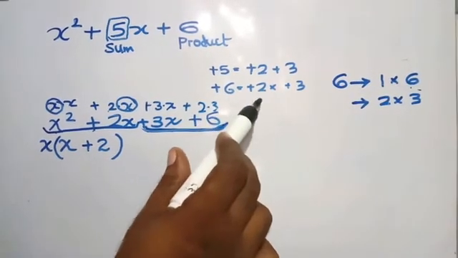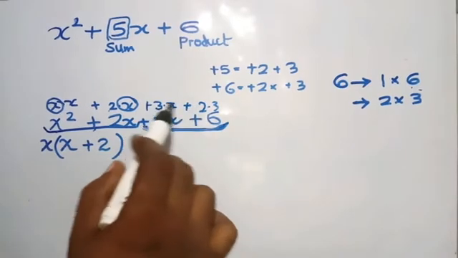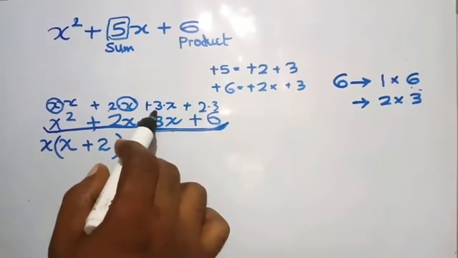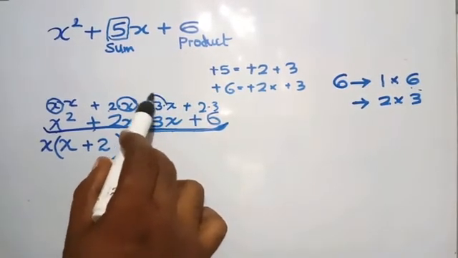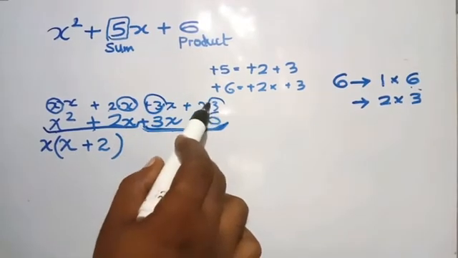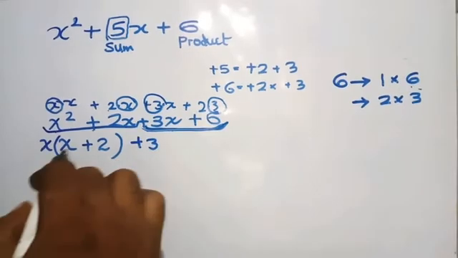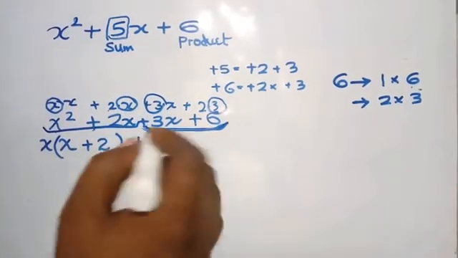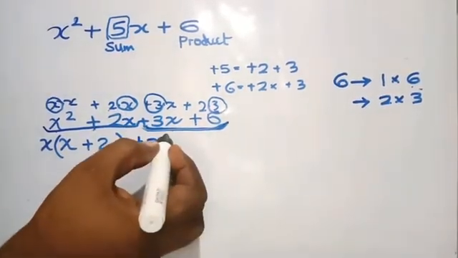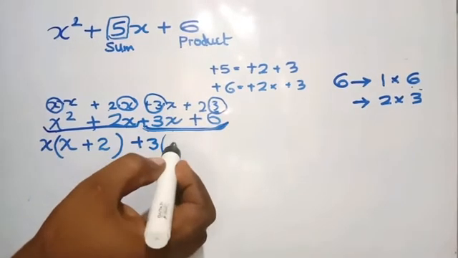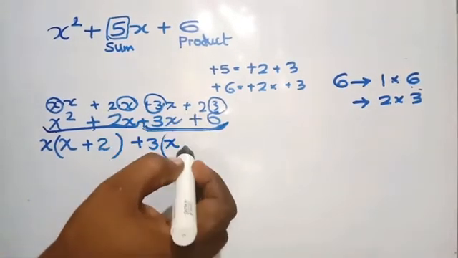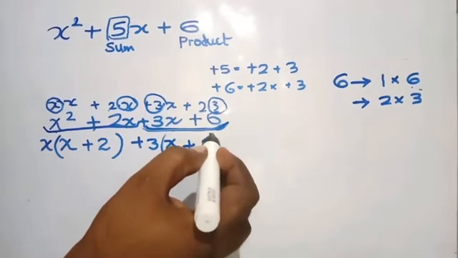Now what is common in both of these? Yes, plus 3. If you take plus 3 as common, what is remaining now? Here we have x and here we have plus 2.